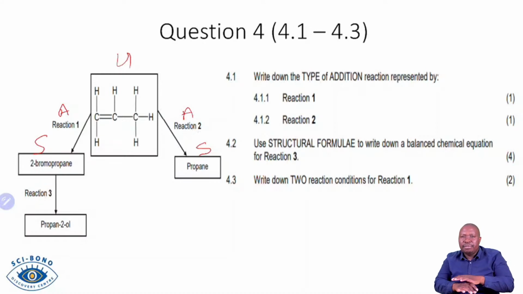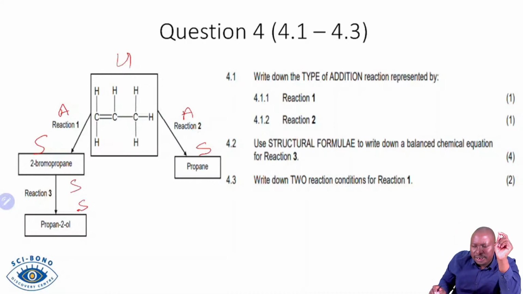So all of them are addition reactions. But on this one, we're having a saturated forming saturated, that must be substitution. So you're able to see all those things that we're talking about. Remember what we said. We said it depends on what we have added. In this case, we're having propane, which means we have added a hydrogen and a hydrogen there.